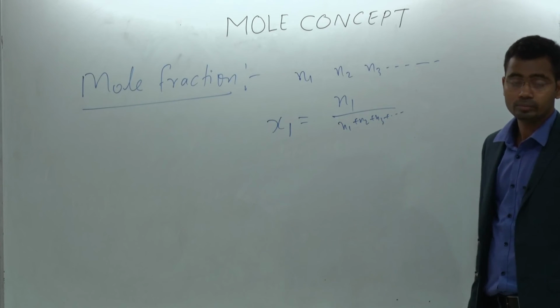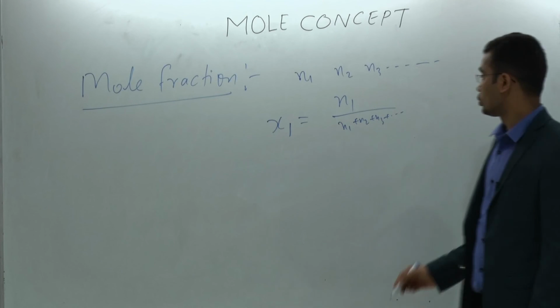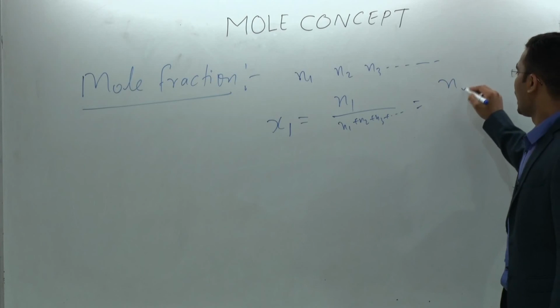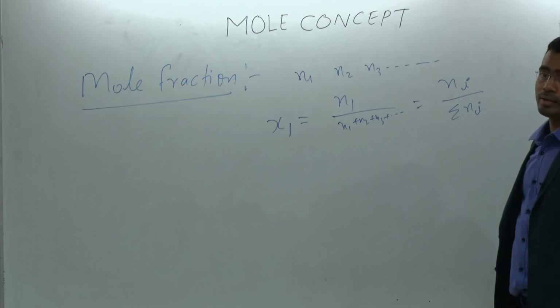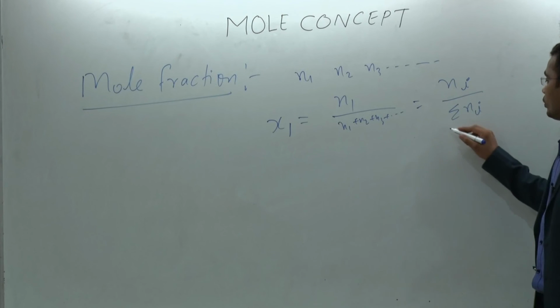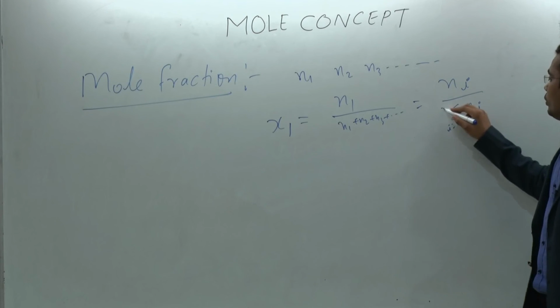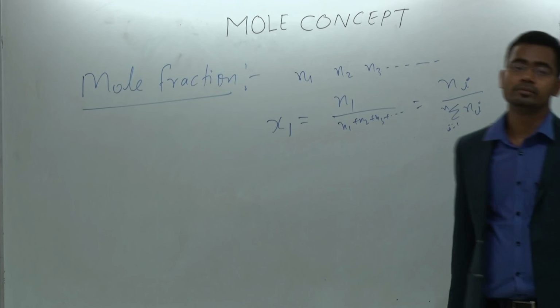Clear? Therefore you can write Ni divided by summation of Ni, where i goes from 1 to n.